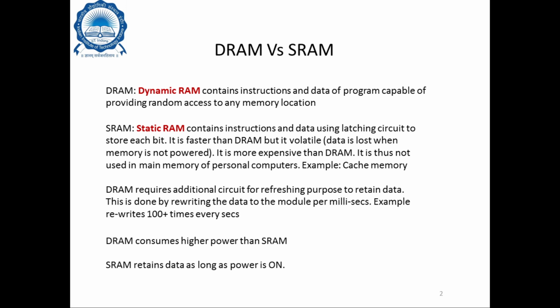Another important thing to note is that DRAM consumes higher power than SRAM, because you need an additional circuit for refreshing, and because of the writing that happens multiple times every second, it certainly consumes more dynamic power than SRAM type memories. And as I said, SRAM data is available as long as the power is on, so it is volatile by nature.